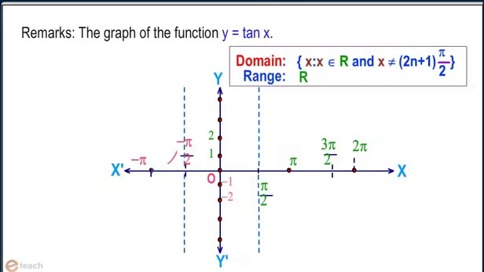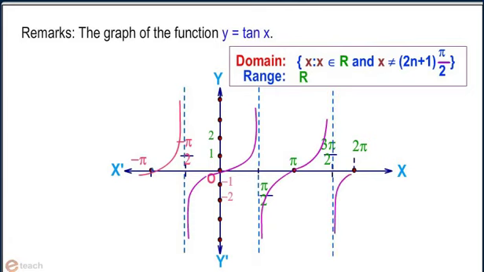Let us see the graph of the function y equals tan x. The domain is x such that x belongs to set of real numbers, but x is not equal to (2n+1)pi/2.